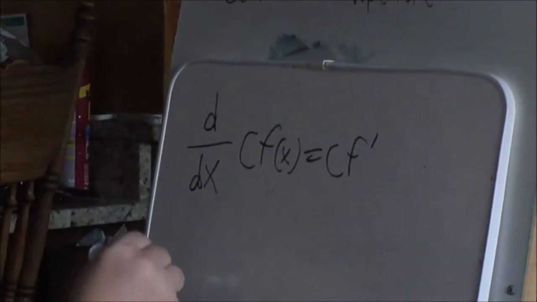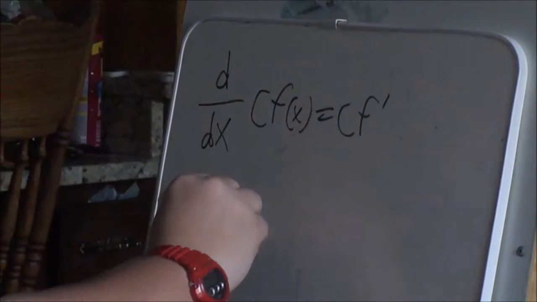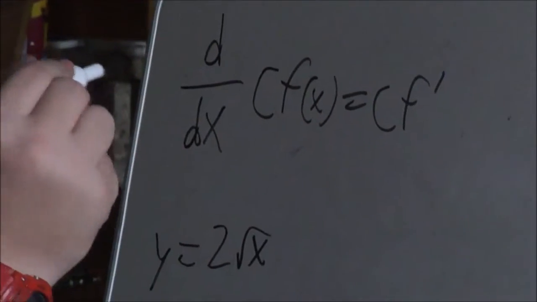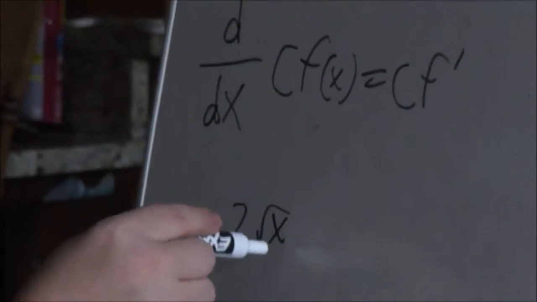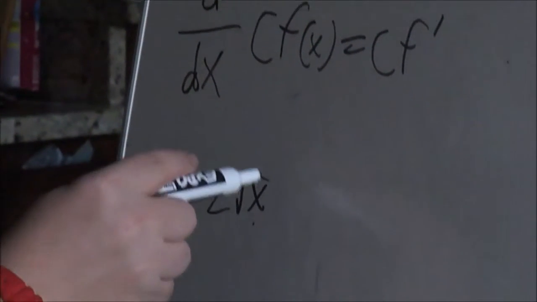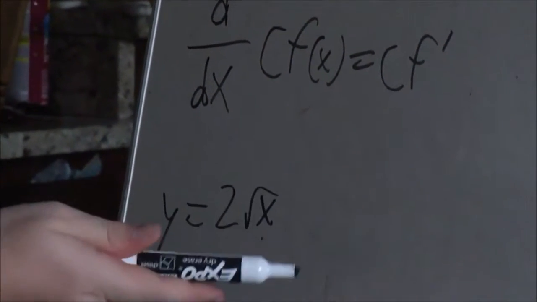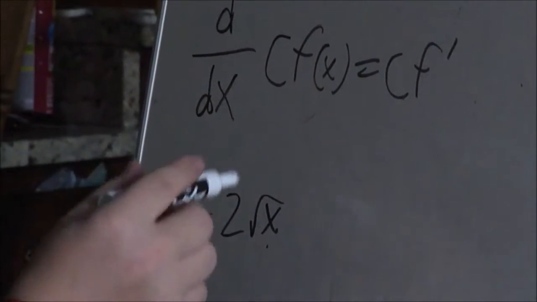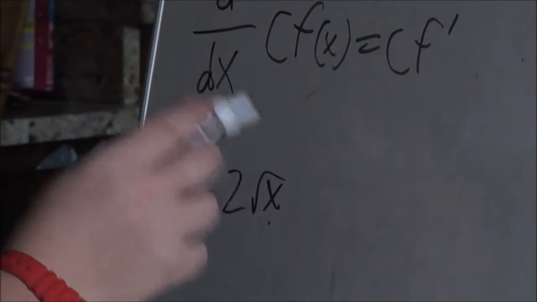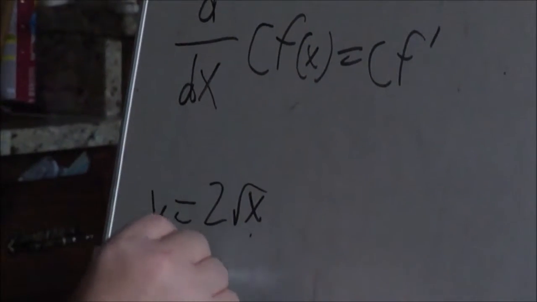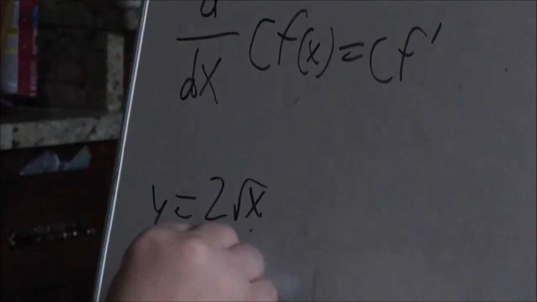For example, if y equals 2 times the square root of x, you need to find the derivative of the square root of x, and you don't need to worry about the 2 because it's constant. So to do this, you have to change the square root of x into an exponent. And that will be x to the 1/2.